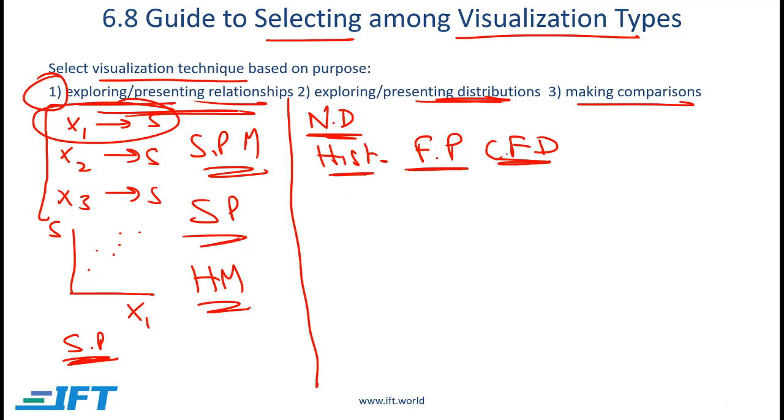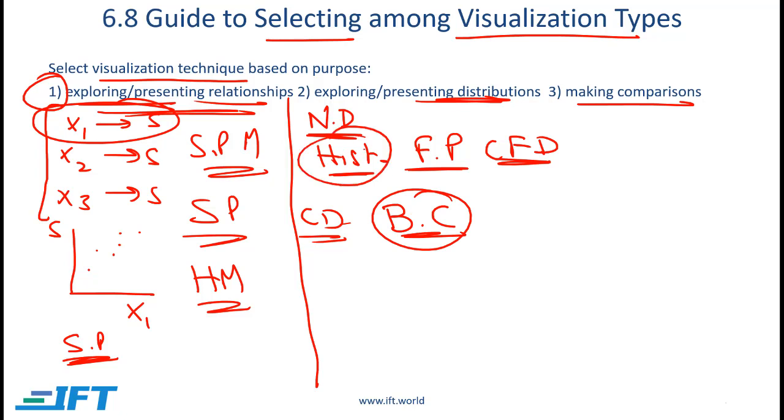And this is fairly easy to understand. What if we have categorical data? With categorical data, we can use a bar chart. And remember, the basic difference between a bar chart and a histogram is that a histogram is typically used for numerical data, whereas a bar chart is used for categorical data.